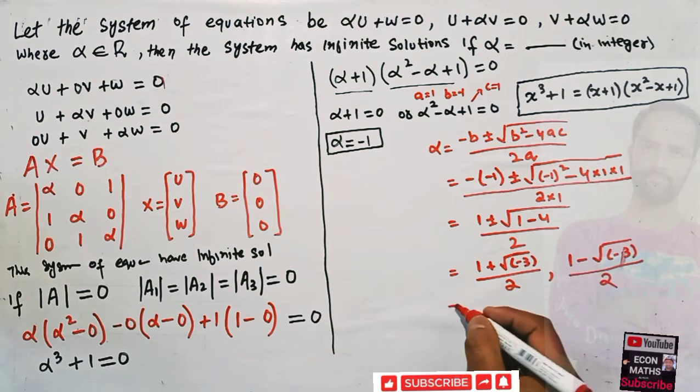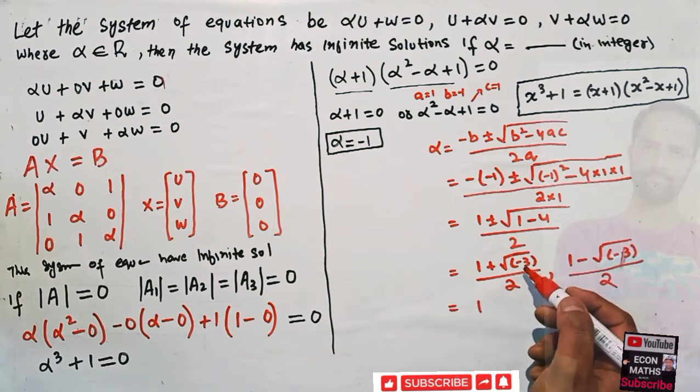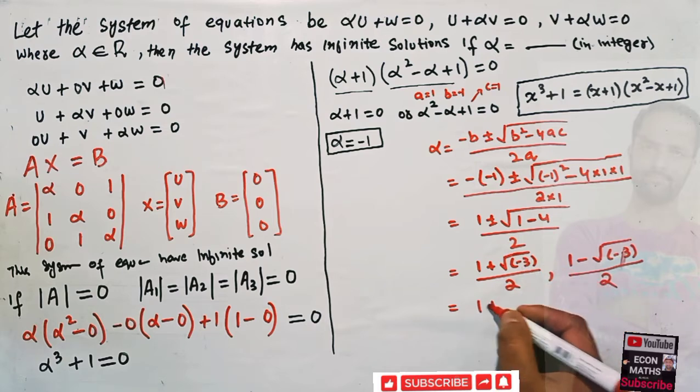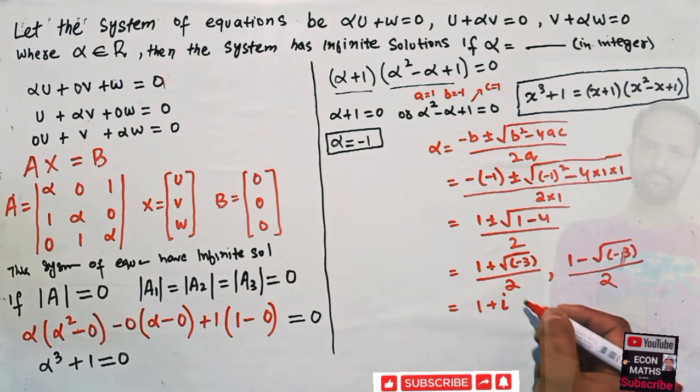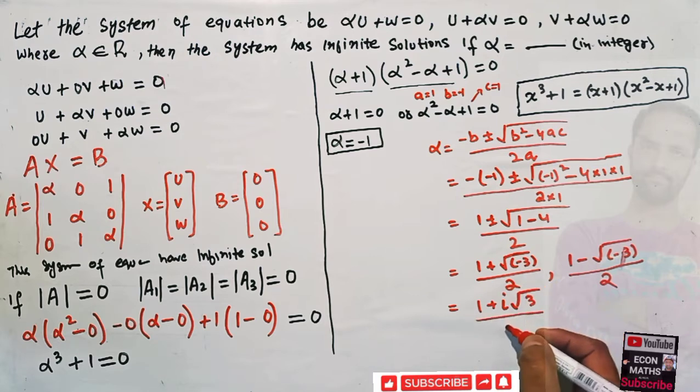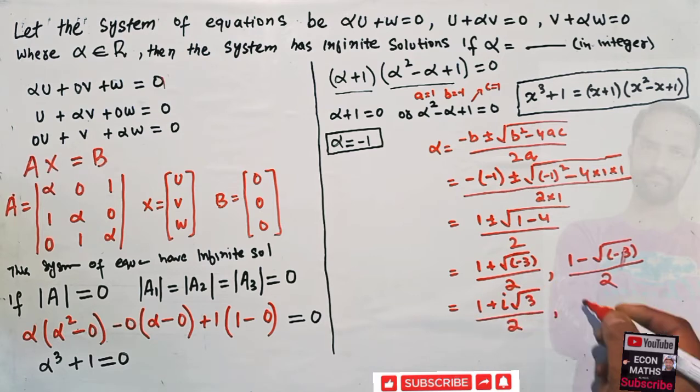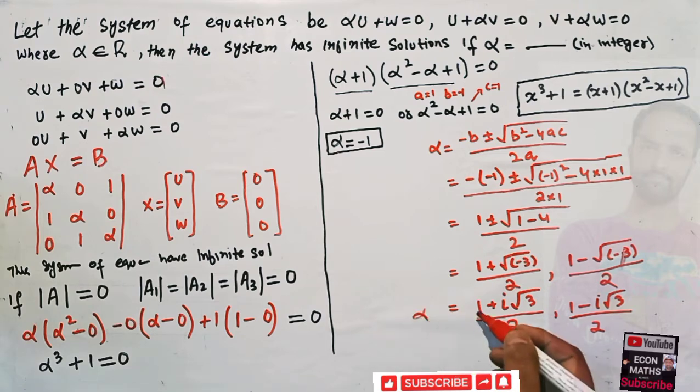Since we have minus under root, this can be written with iota: 1 plus iota under root 3 upon 2, and 1 minus iota under root 3 upon 2. So we got three values for alpha. Alpha is equal to minus 1, and alpha is equal to each of these.